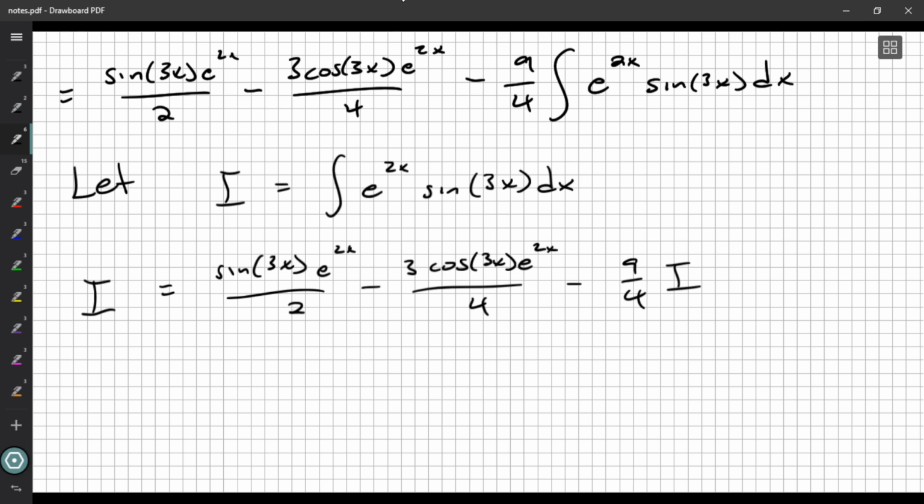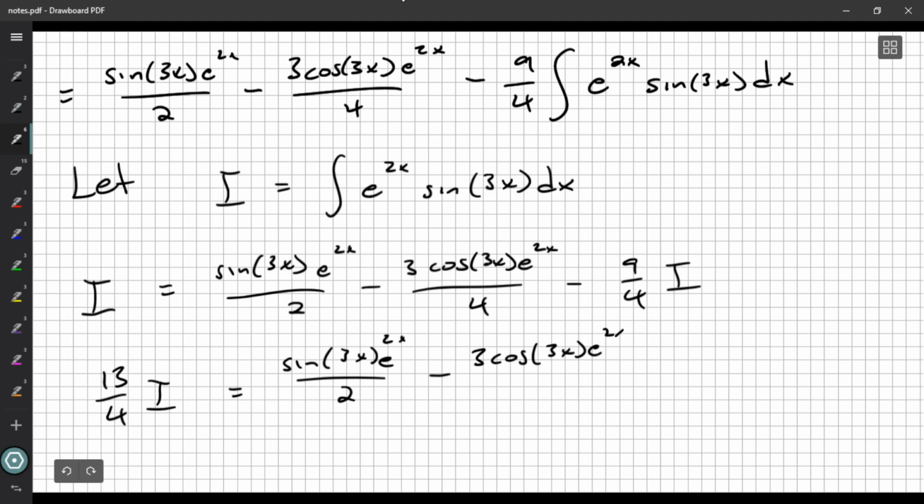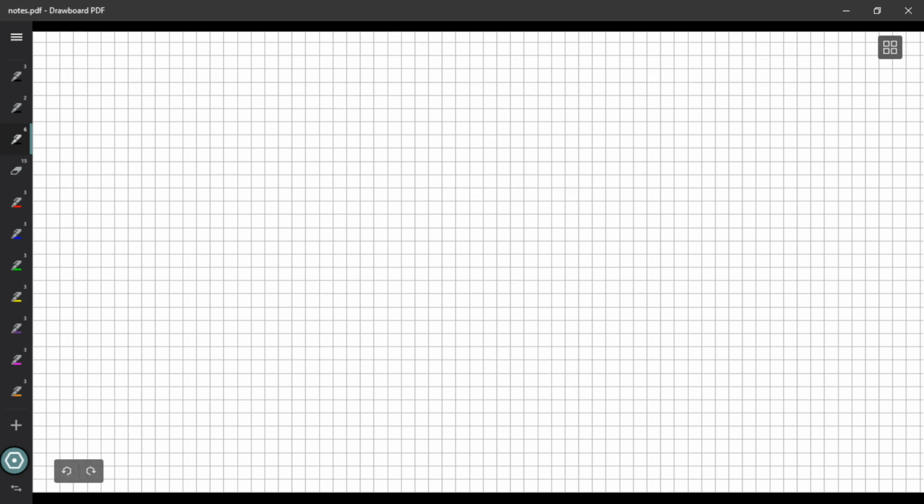I'm going to add 9/4 I to both sides. So I plus 9/4 I, that's going to be 13/4 I. Get a common denominator, check that out. And now I can multiply both sides by 4/13. And that will just leave I on the one side.